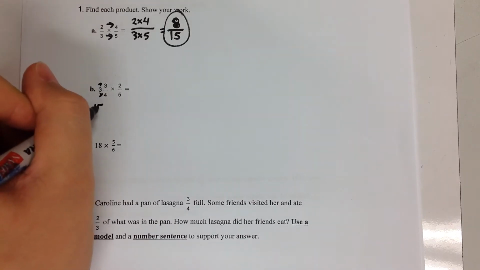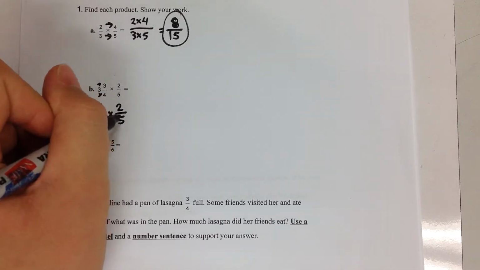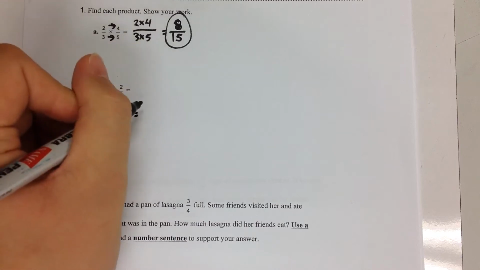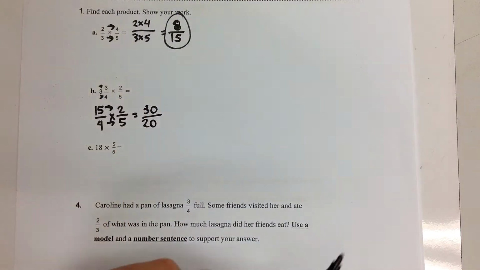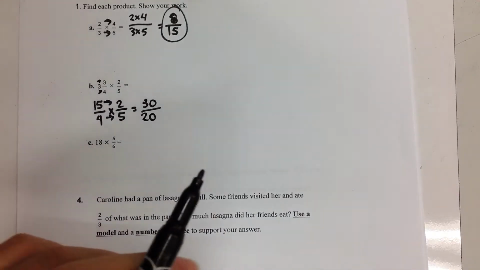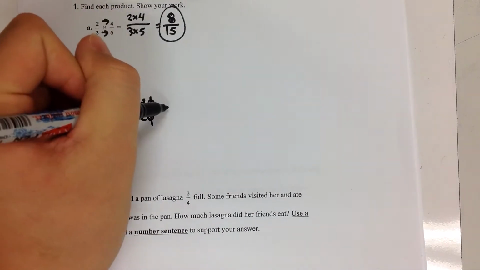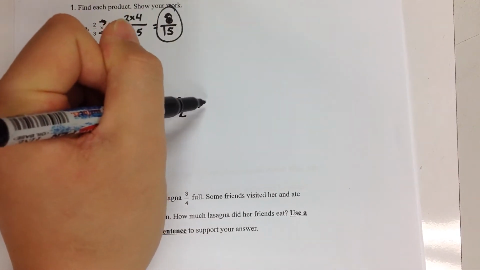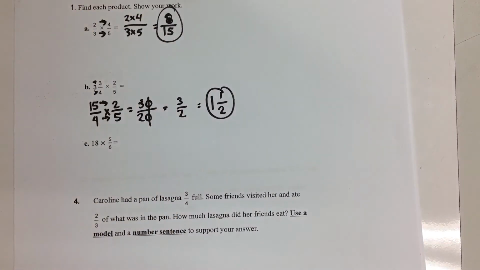So that gives me 15 over 4 times 2 over 5, which again, you multiply straight across, and I get 30 over 20. This can definitely be simplified or reduced, so I'm going to go ahead and divide by 10, and I have 3 over 2. 3 over 2 is the same as 1 and 1/2.